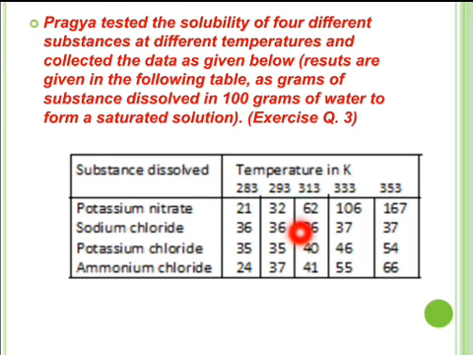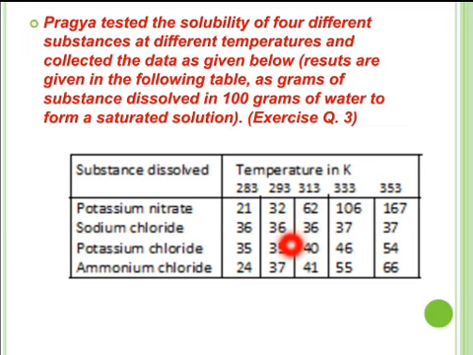Sodium chloride, 36 grams of sodium chloride can be dissolved in 100 grams of water. Potassium chloride, 35 grams of potassium chloride can be dissolved in 100 grams of water, and ammonium chloride, 37 grams of ammonium chloride can be dissolved in 100 grams of water at the same temperature, 293 Kelvin.